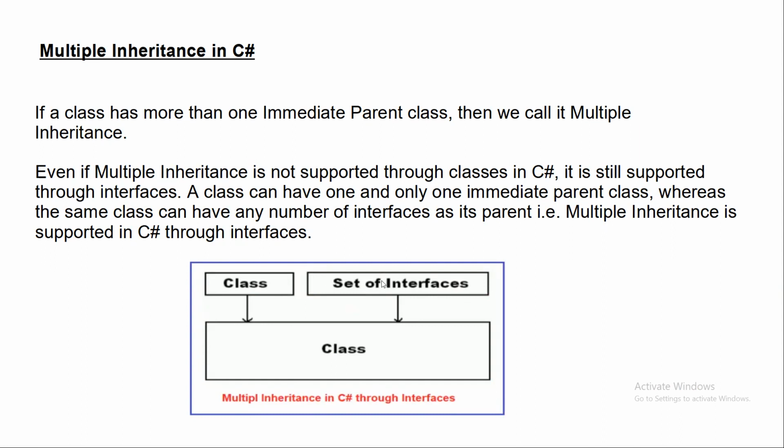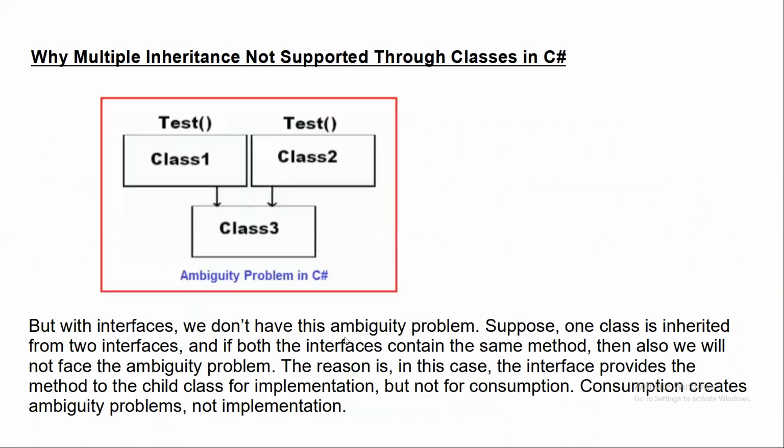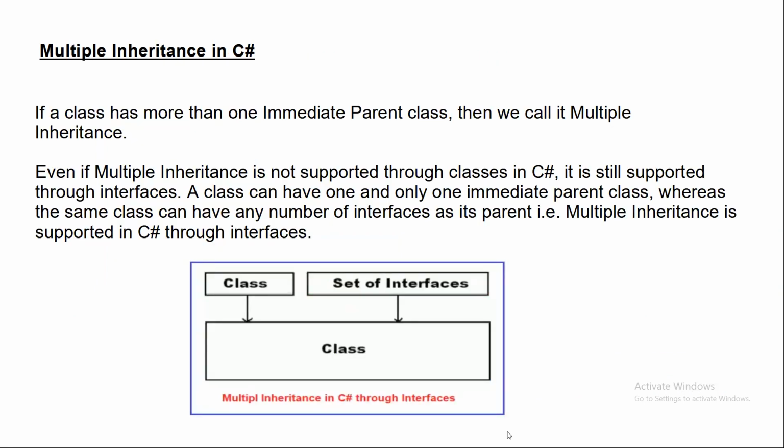one class and one interface, let's say, you can enable multiple inheritance. Why? Because if you use an interface, you don't write the implementation part, you only write the declaration of the function or method.